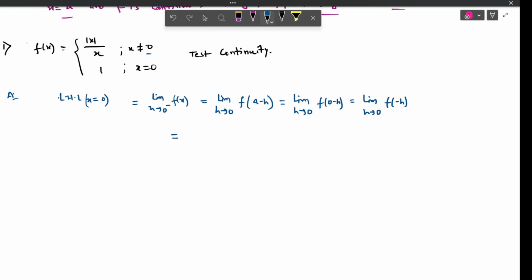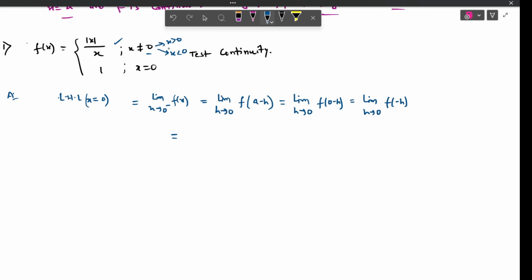right? Now see what does it mean. x not equals to 0 means either x greater than 0 or x less than 0. So for both of the things we have to take this function. Okay, now what is left hand limit of the function?